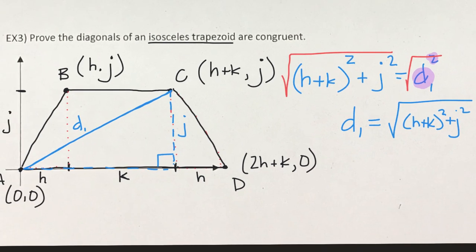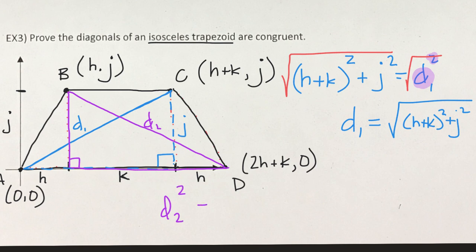So let's come back and make another diagonal. So here's BD diagonal. And we're going to drop another vertical line and make another horizontal line so we have a right triangle. Okay, so this is D2, the second diagonal. D2 squared equals, what's my long leg on the bottom here?